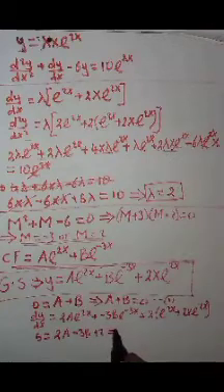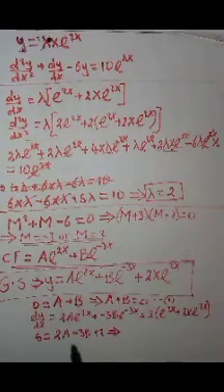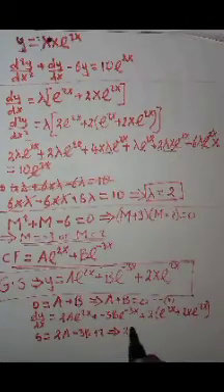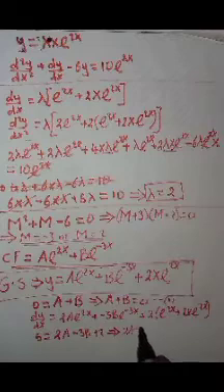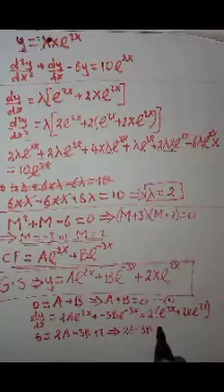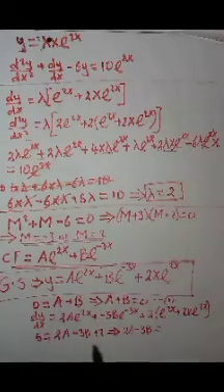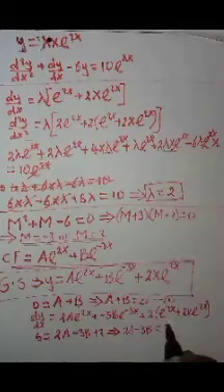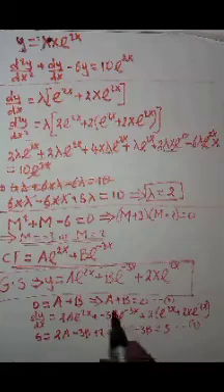So if we arrange everything and solve, we are going to have 2a minus 3b equal to 5 minus 2, which is 3.